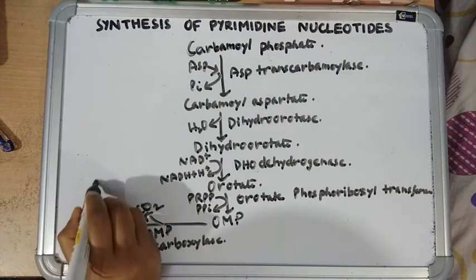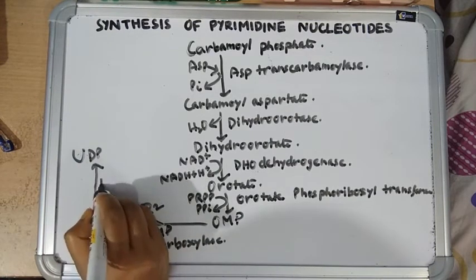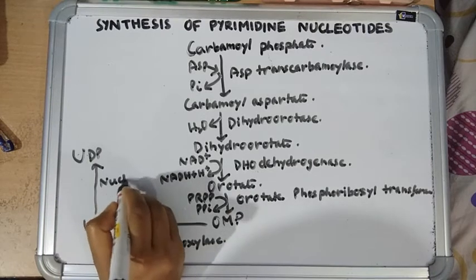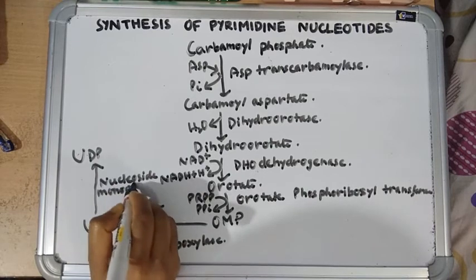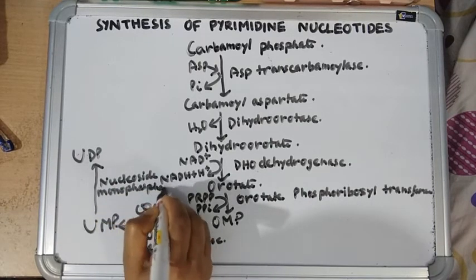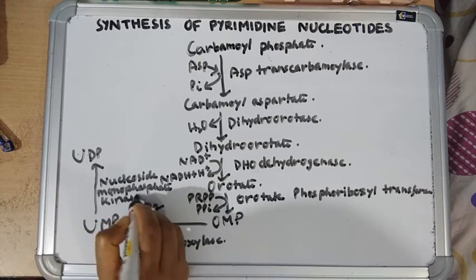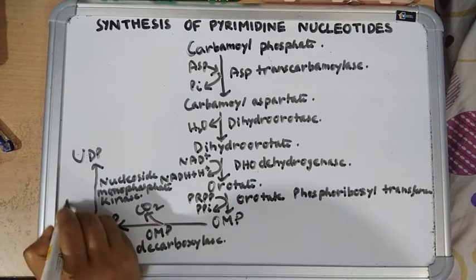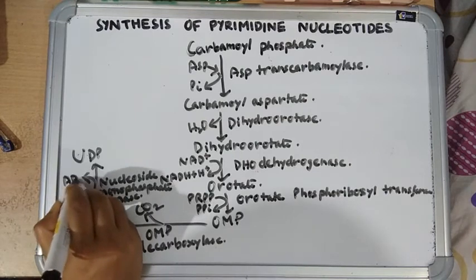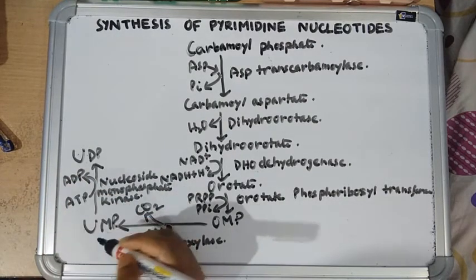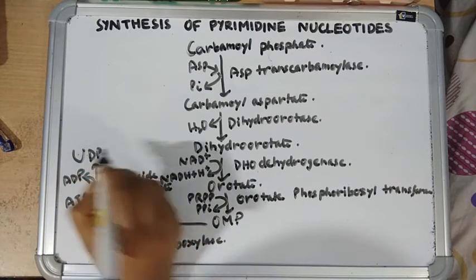From uridine monophosphate, uridine diphosphate is formed by nucleoside monophosphate kinase. And this reaction utilizes only ATP. So UMP is phosphorylated by ATP to form UDP, uridine diphosphate.